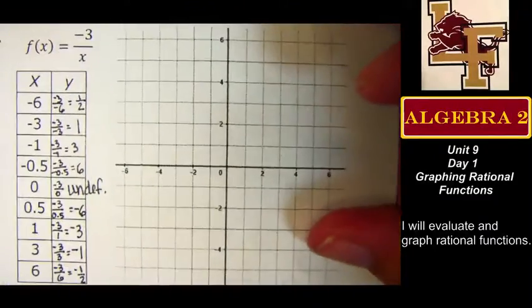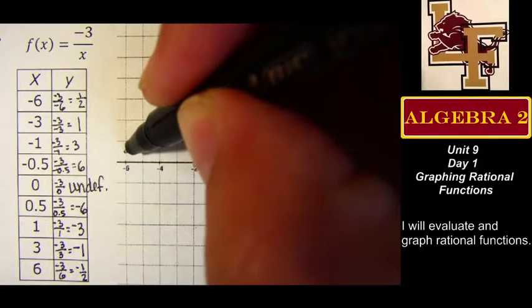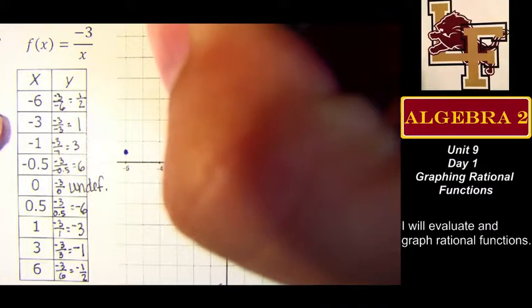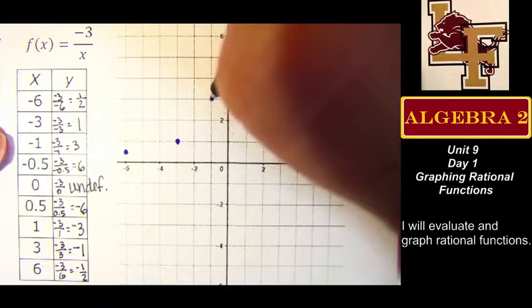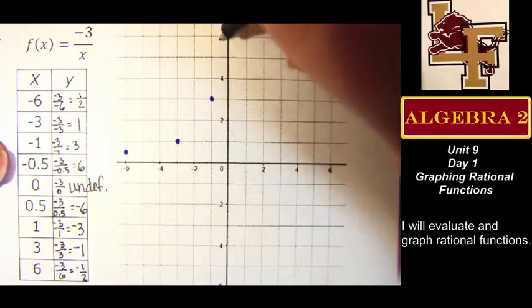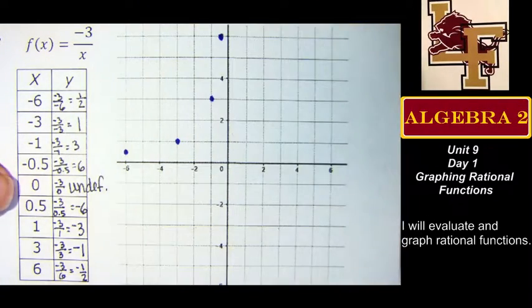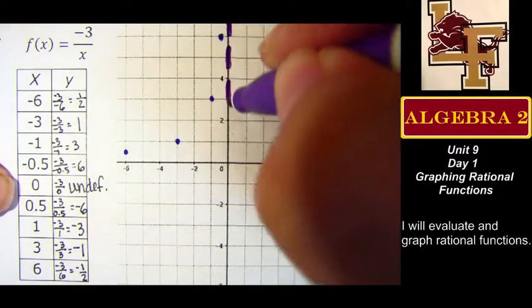All right, let's graph these things. At -6, we're at 1/2. At -3, we're at 1. At -1, we're at 3. At -1/2, we're at 6. At 0, we're undefined, so I have an asymptote.